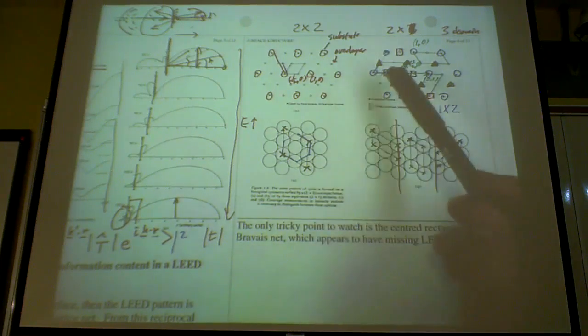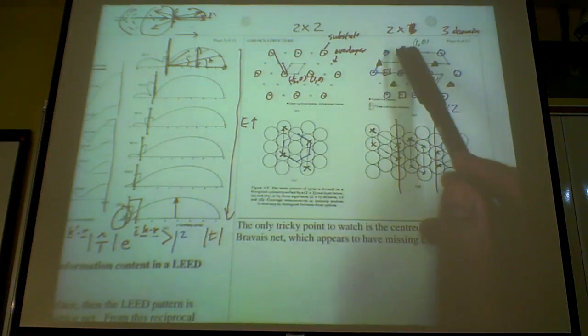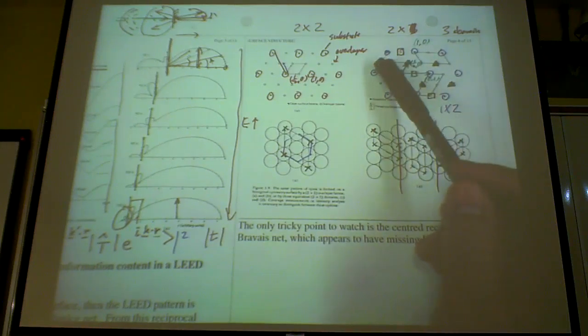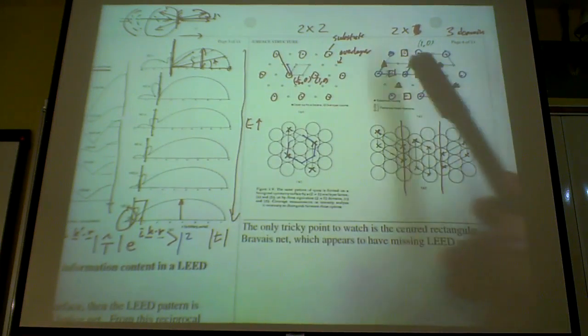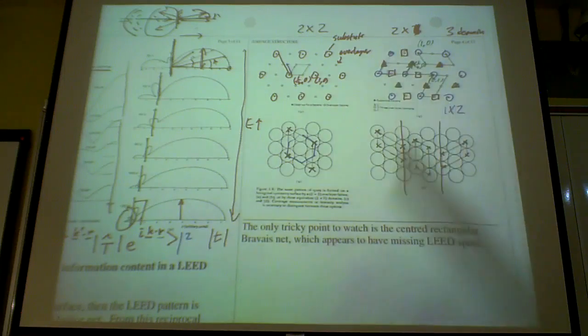Okay, so these little weak spots here, the triangle and the square and so forth, correspond to each of these domains, and they just overlap in the LEED pattern. Each of these generates a diffraction pattern, and they all overlap into the same, and this is what you observe.